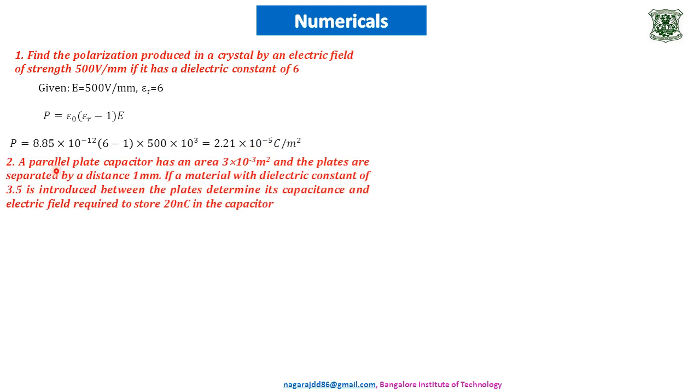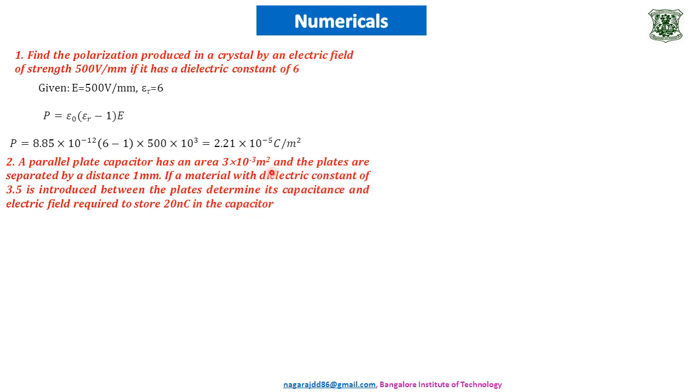Second question. A parallel plate capacitor has an area of 3 into 10 power 3 meter square and the plates are separated by a distance of 1 mm. If a material with dielectric constant of 3.5 is introduced between the plates, determine its capacitance and electric field required to store 20 nanocoulomb in the capacitor.